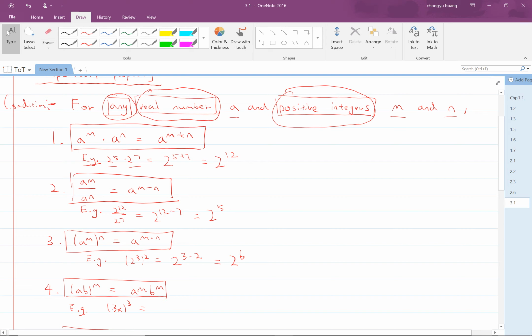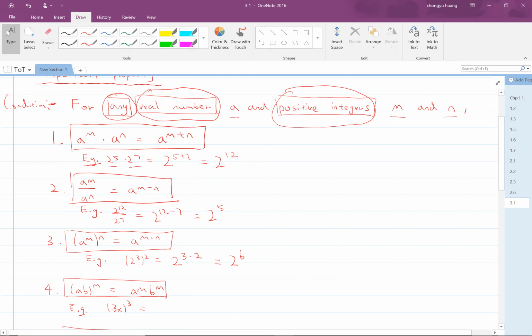Even though over here we don't have n, that's okay. The condition doesn't say we have to have all the variables, it doesn't say we need to have m and n.